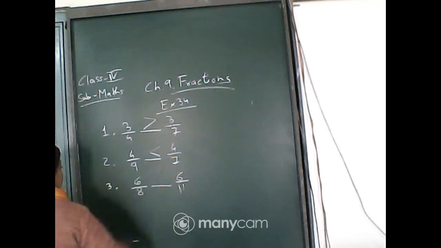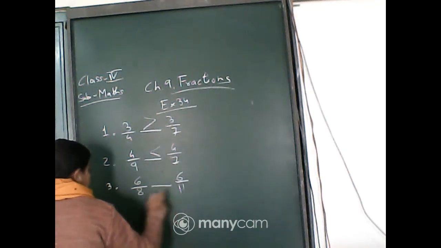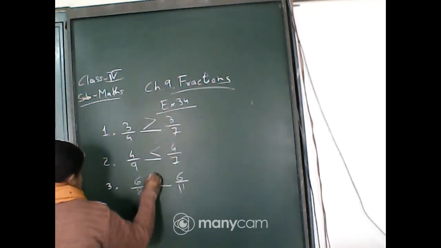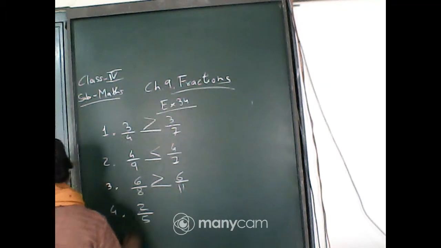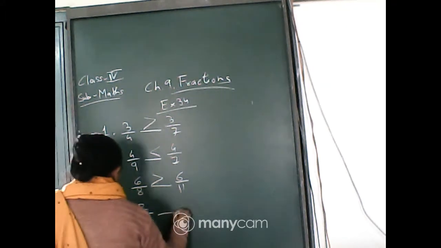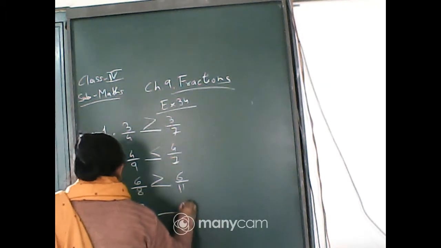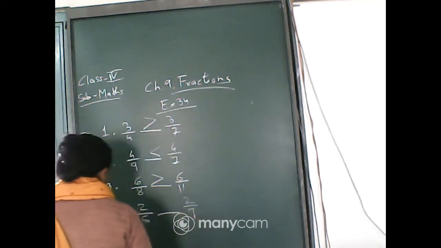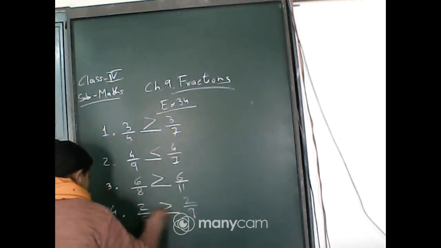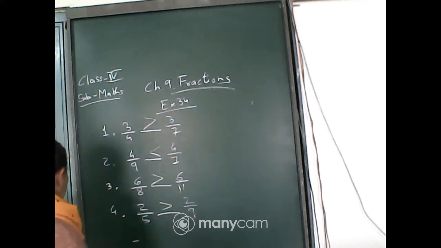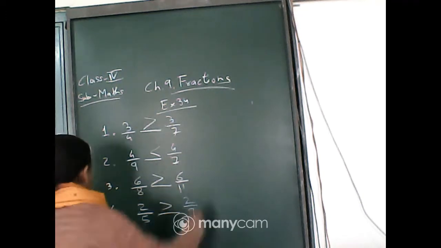The numerators are the same, 8, 11, that means 6 by 8 is the greater fraction. Number 4, 2 by 5 and 2 by 9. Now 5 is the smaller digit, that means it is the greater fraction. The number which is smaller, the fraction will be the greater one.